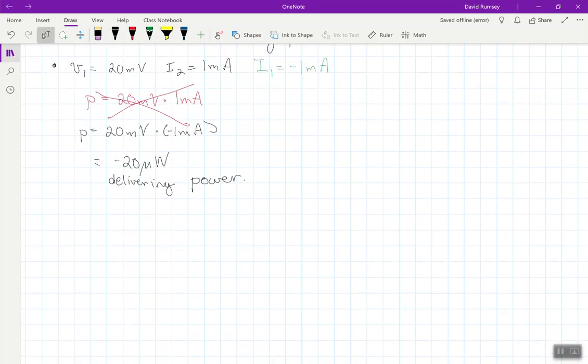Now, one final comment I want to make here, and this is actually pretty critical, and then we'll start getting into some circuit elements and some circuit analysis to be able to look at circuits.